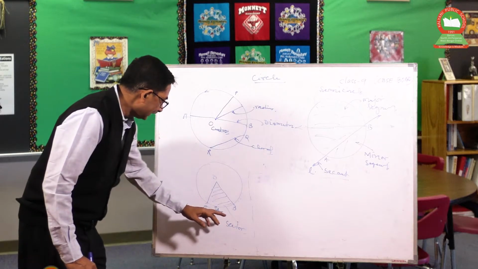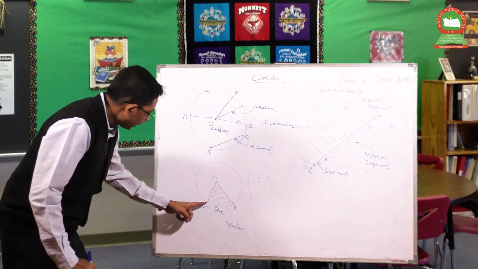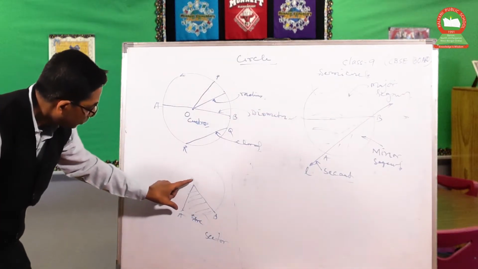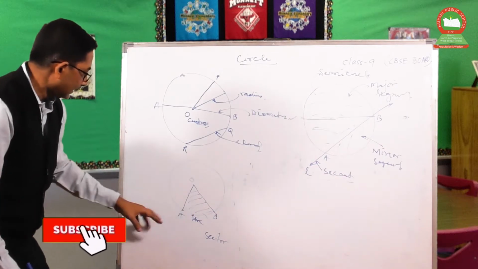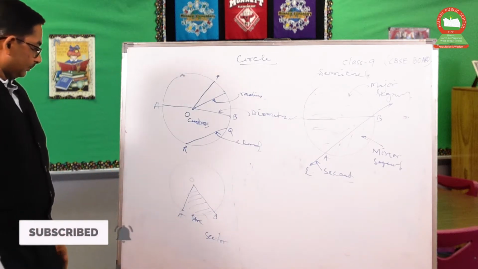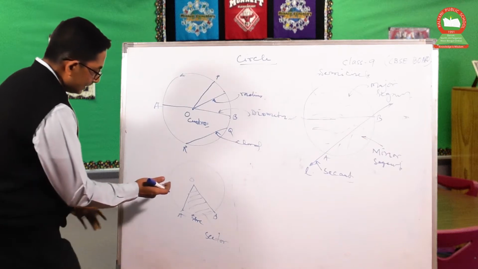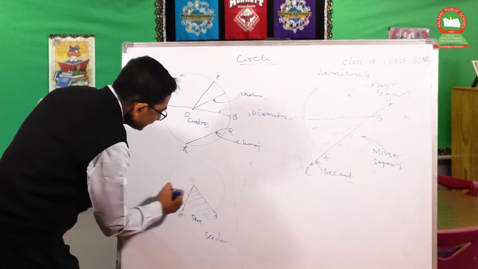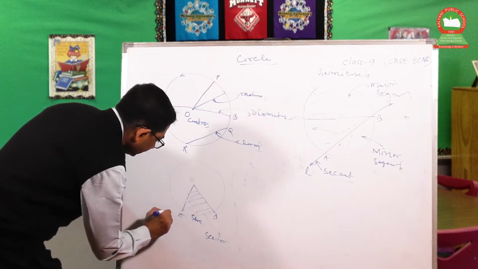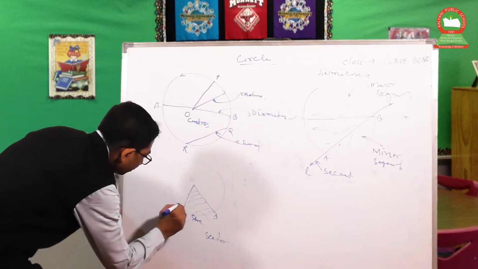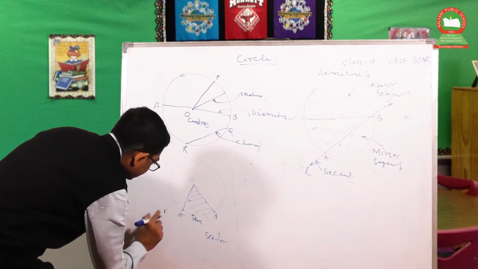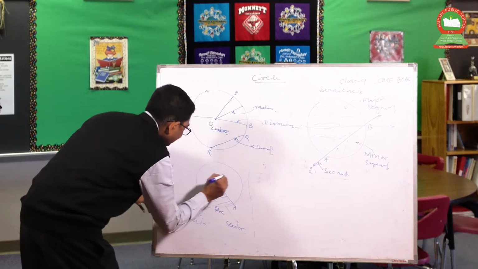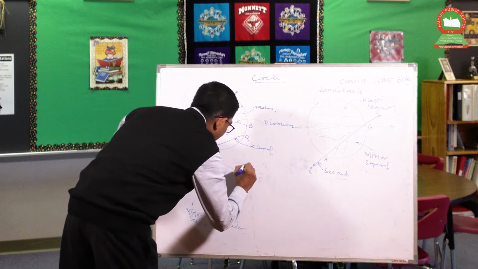That is, the sector is bounded by the arc as well as the 2 radii of the circle. If the arc is smaller than the semicircle, it is called the minor sector, and the other part is called the major sector.